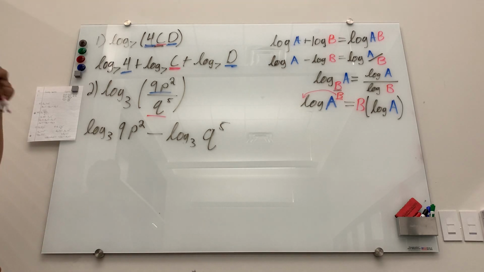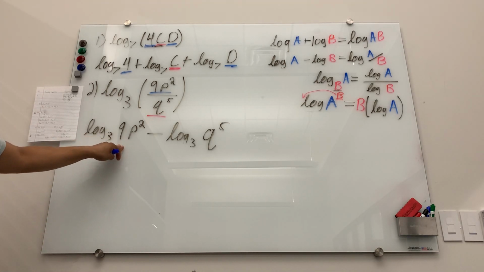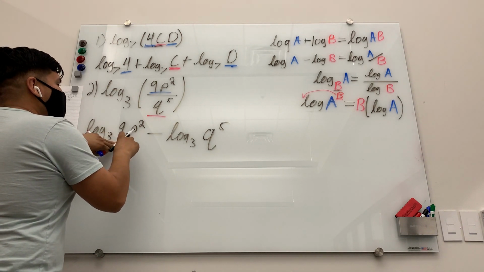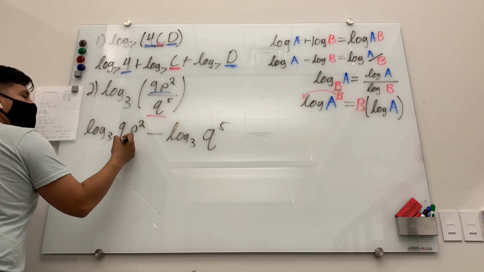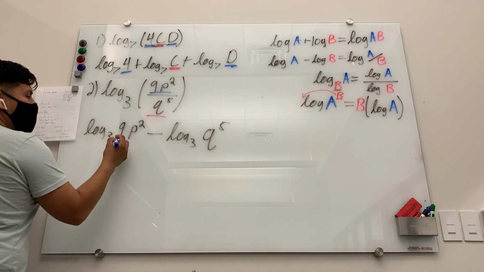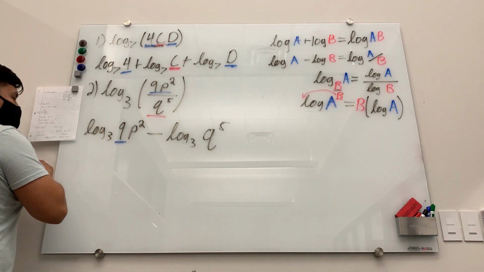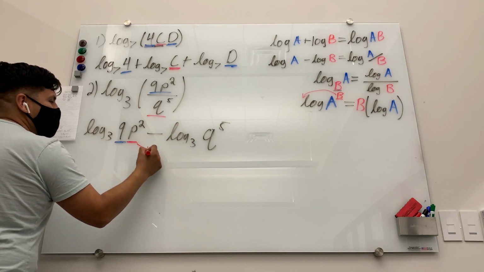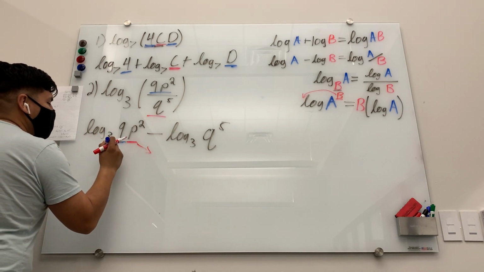Okay, we can do this one step further. And that next step is going to look at 9 times p squared. Well, we have one coefficient times another coefficient. These can just be separated again.